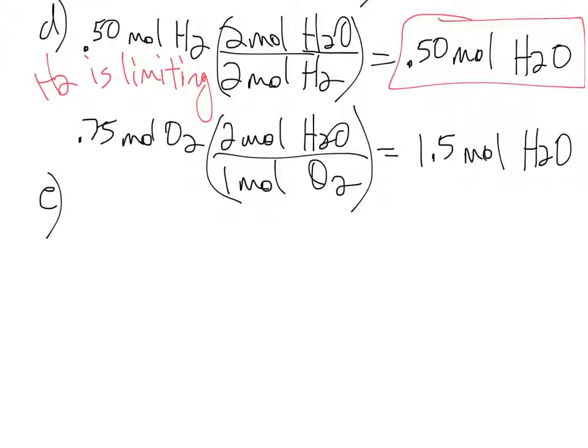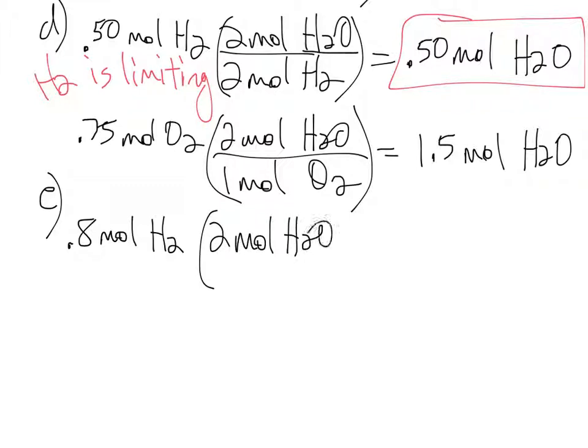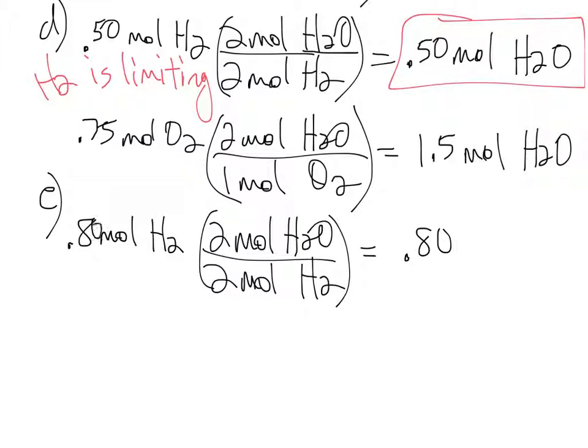Part E, they're giving us 0.8 moles of hydrogen. And students, if you can take a shortcut and do some of this work in your head, go for it. It was 0.80. And they gave us 0.75 moles of O2.